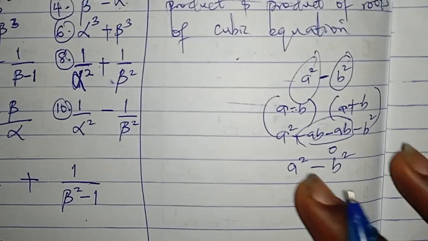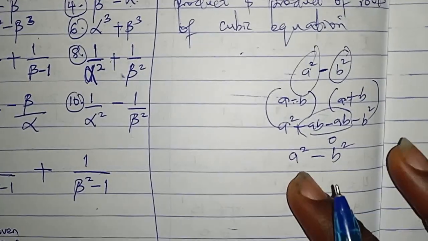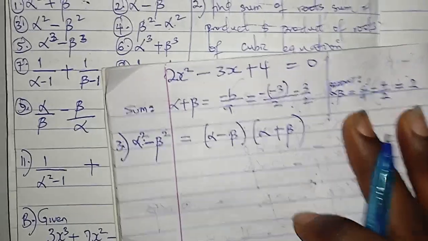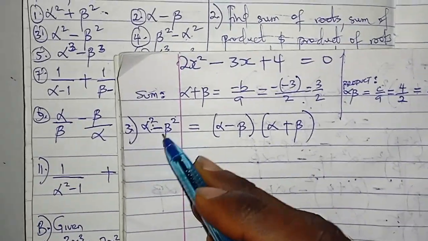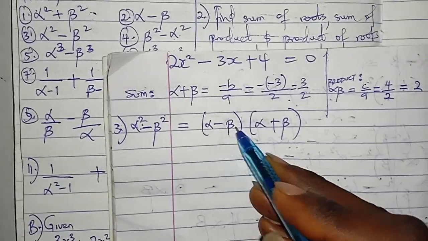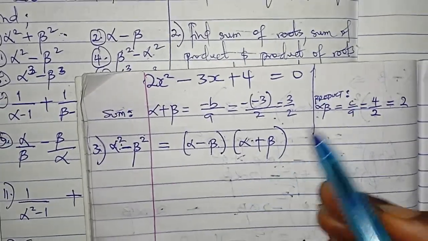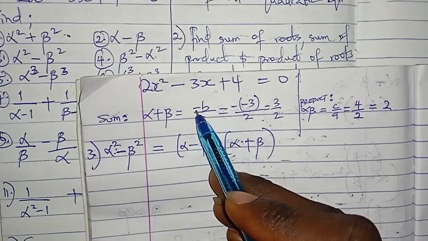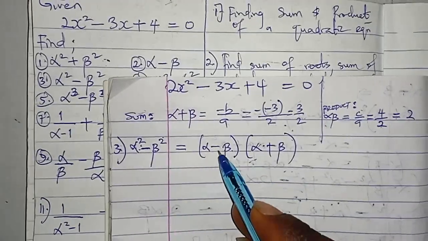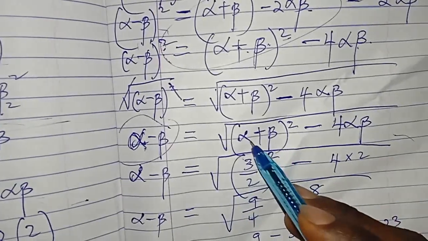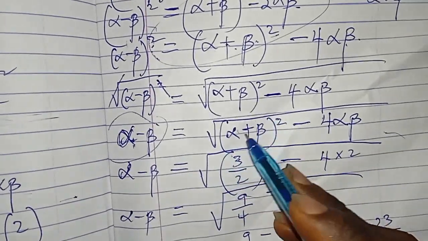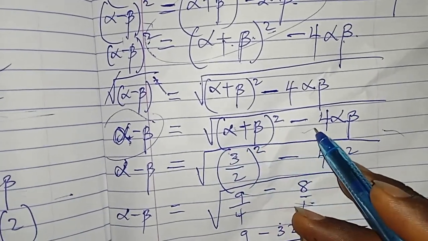That is the reason why, the minute I write it out, alpha square minus beta square is the same thing as alpha minus beta, then alpha plus beta. I know that alpha plus beta, we already have it, which is minus b over a. But alpha minus beta, we've gotten it. We got alpha minus beta to be the same thing as roots of alpha plus beta all square minus 4 alpha beta.